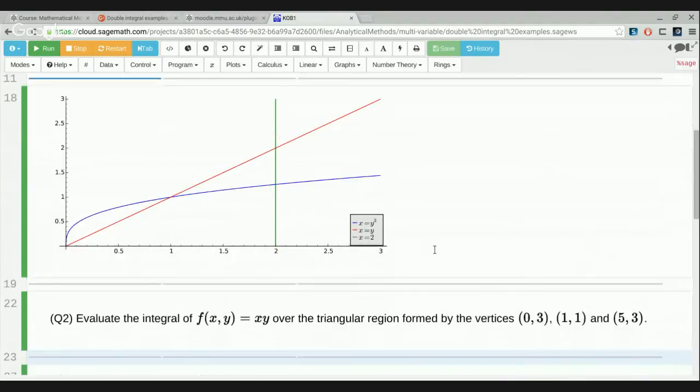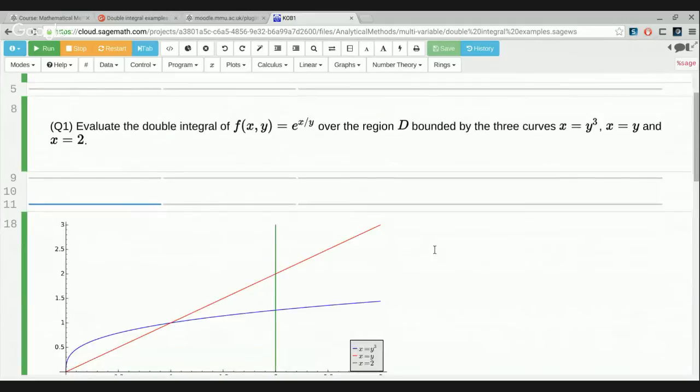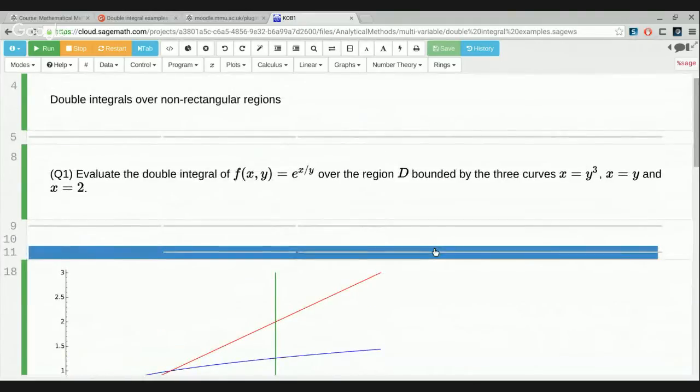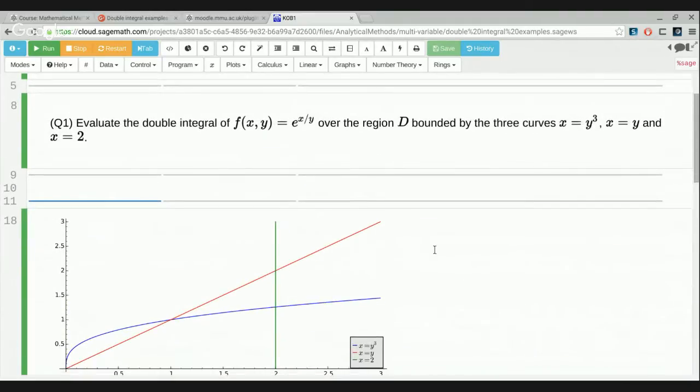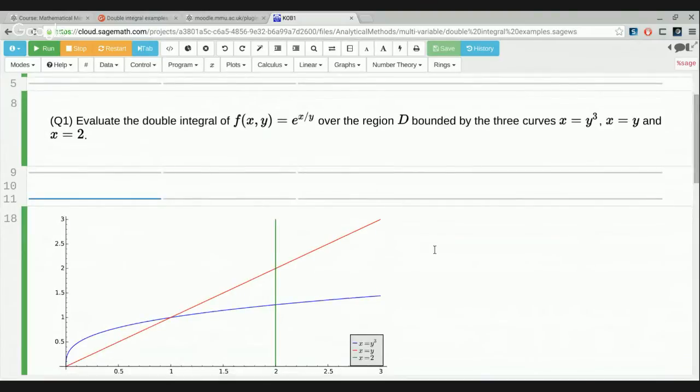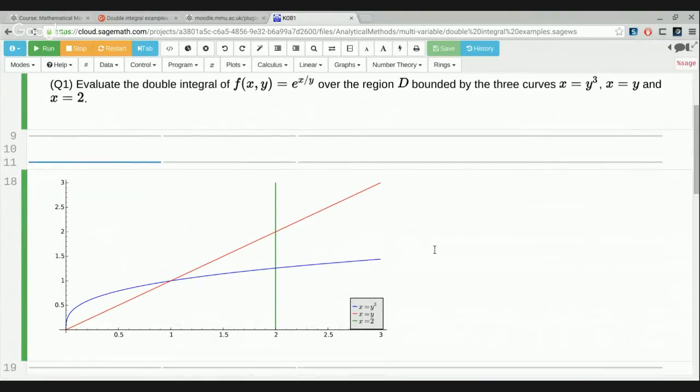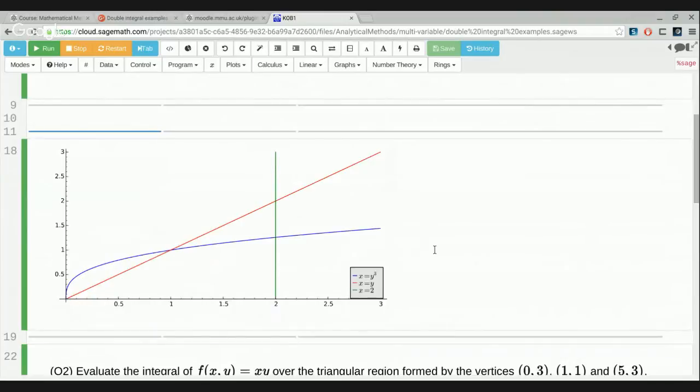Sorry, that example threw me a little bit. How are you going from here to here?